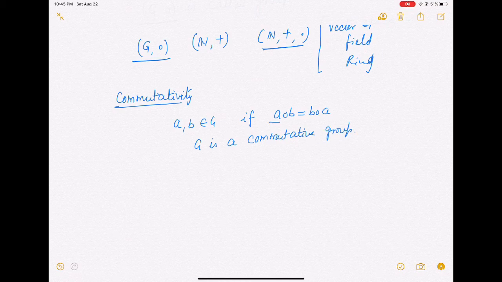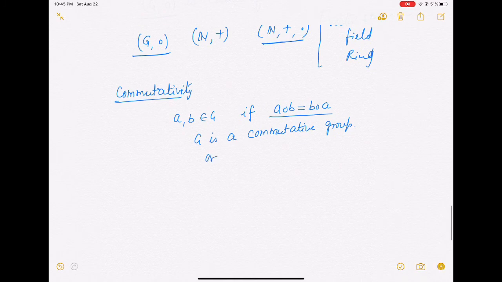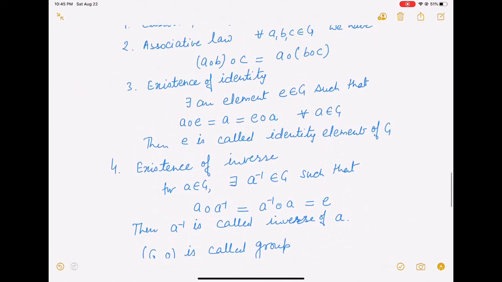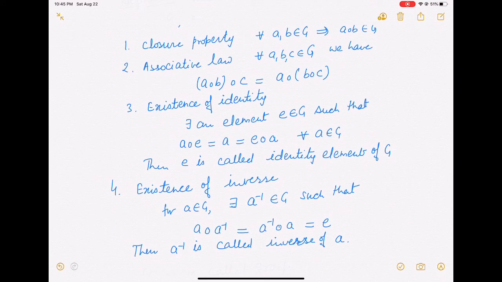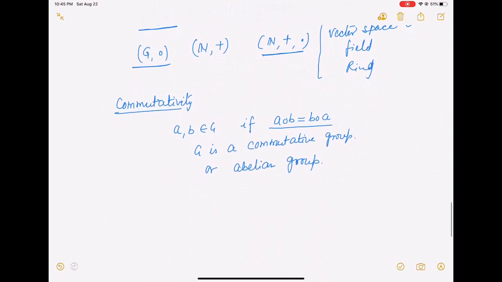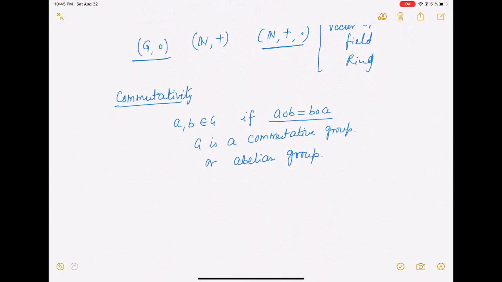If a group holds this property, then this group is called a commutative group or abelian group. So if these four properties are satisfied, then G forms a group. And if one more property is satisfied, that is commutativity, then G is called the abelian group or the commutative group.